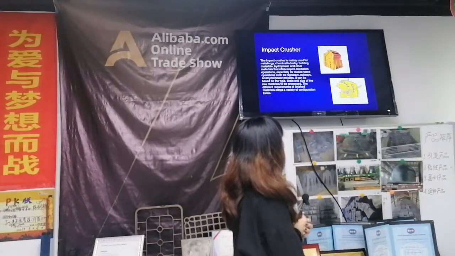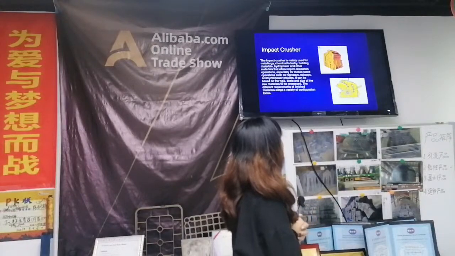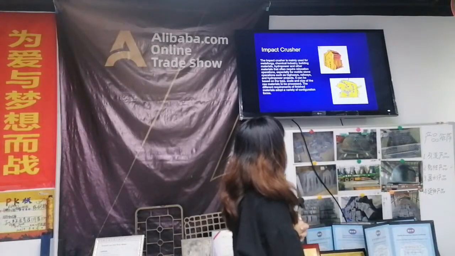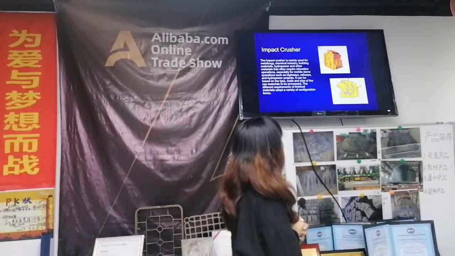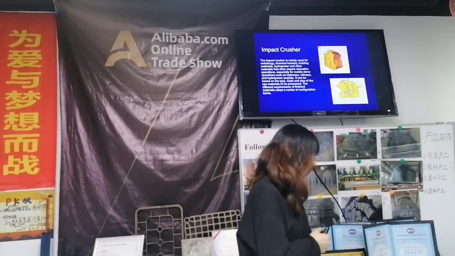It can be based on the type, size, and the size of the raw materials to be processed and the different requirements of finished materials adopt a variety of configuration forms.